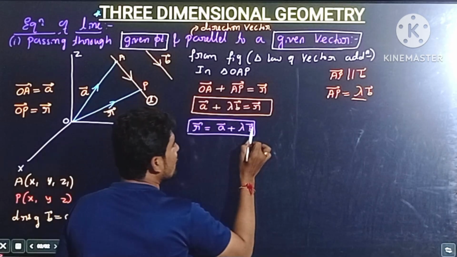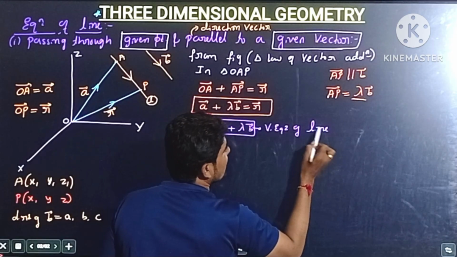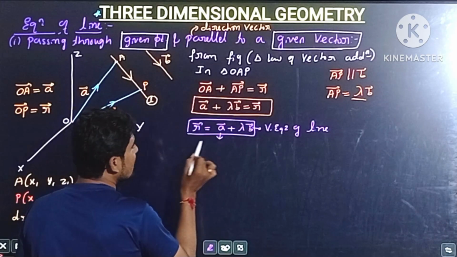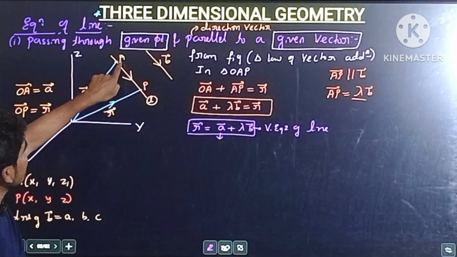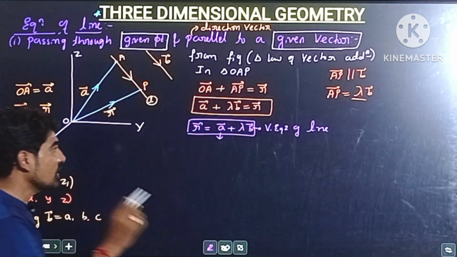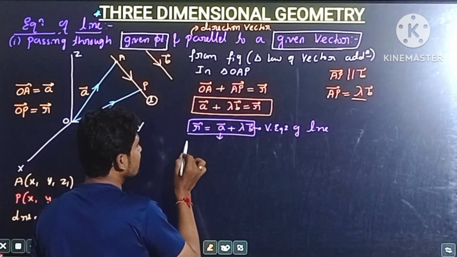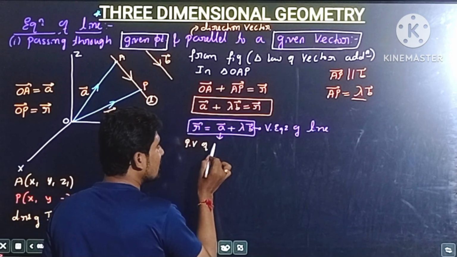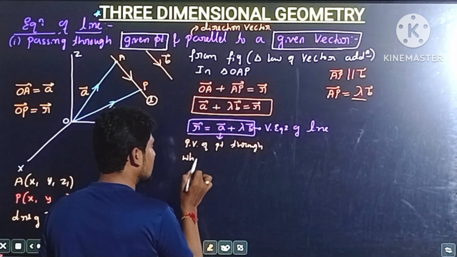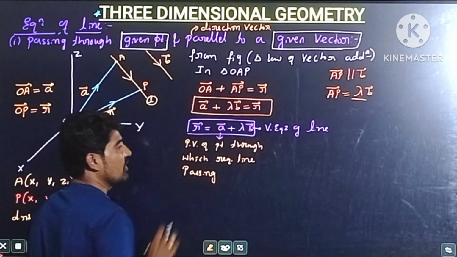This equation is the vector equation of the required line, where A vector is the position vector of the point through which the required line is passing. I hope all of you are understanding.